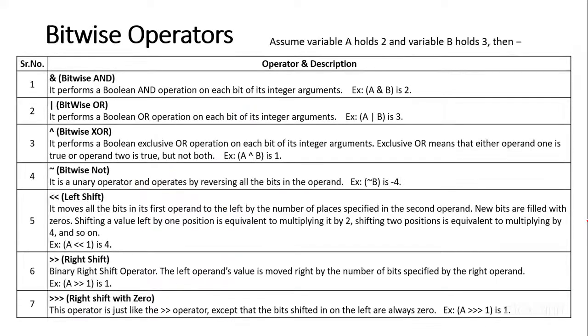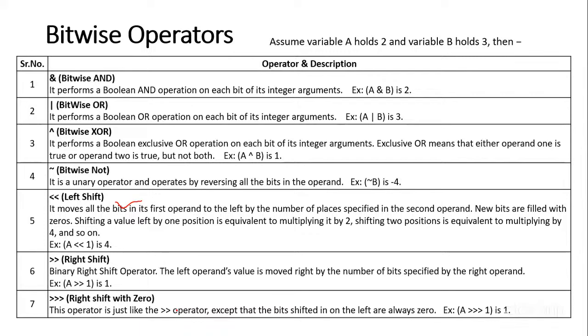And coming to the bitwise operators, this is also the same as the concepts we have in Java. Bitwise and, bitwise or, bitwise exclusive or, bitwise not, left shift, right shift, right shift with 0. So just go through it.